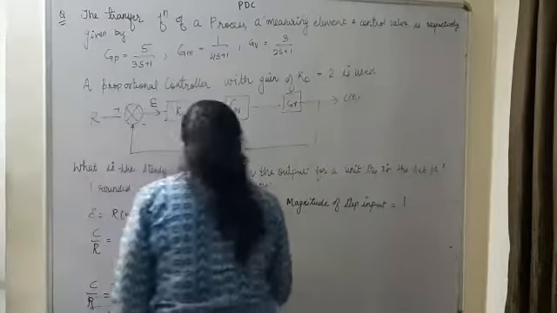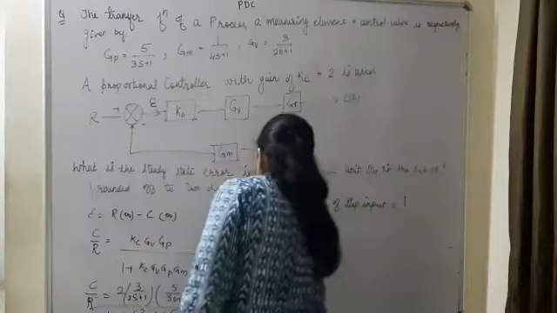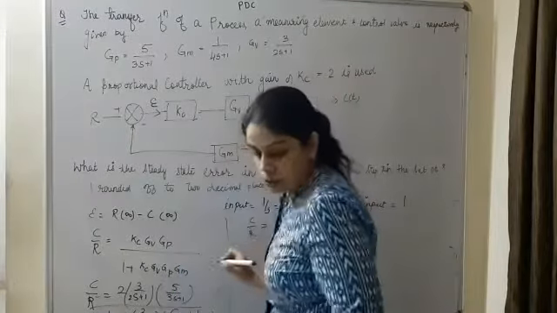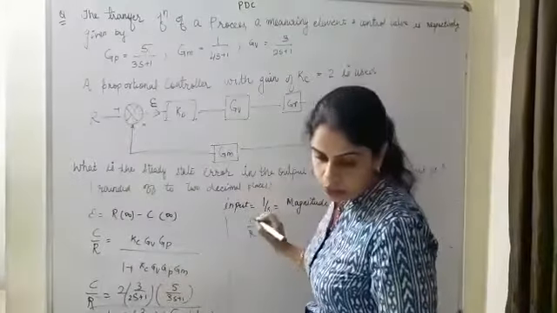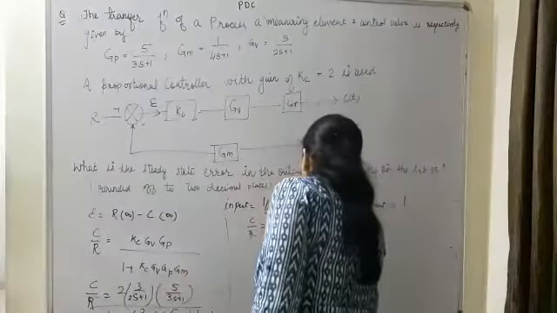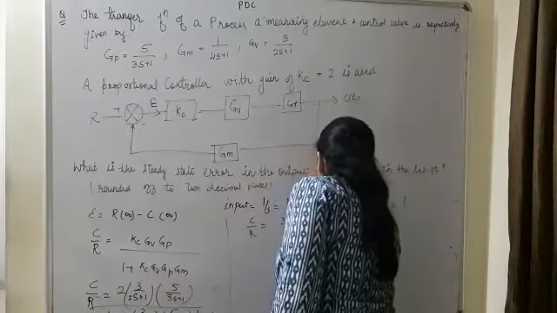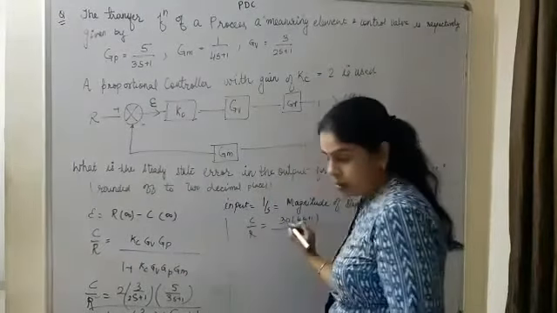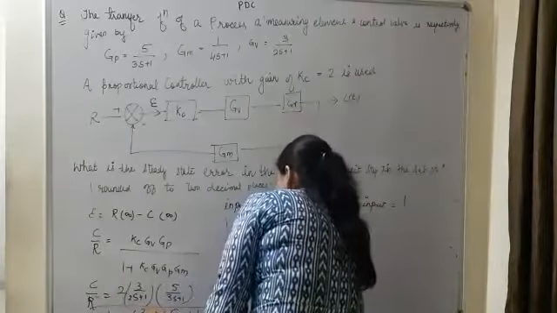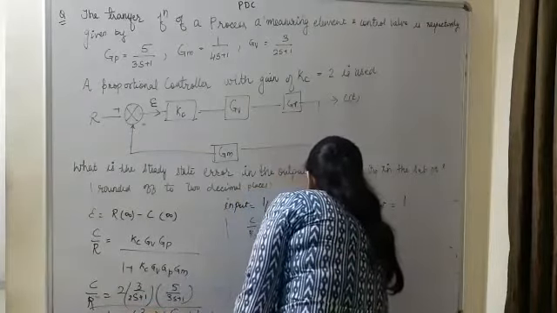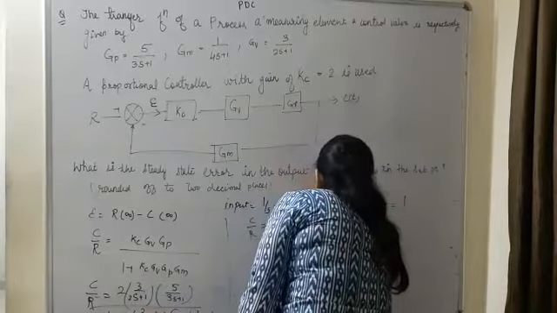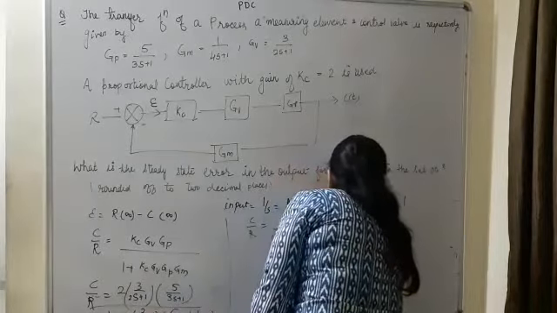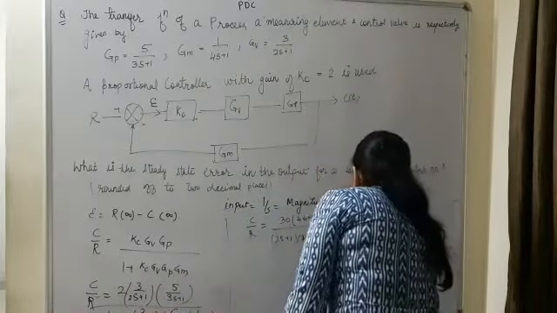Now just simplify this and you will get C by R equal to 30 times (4s plus 1) upon (2s plus 1)(3s plus 1)(4s plus 1) plus 30.